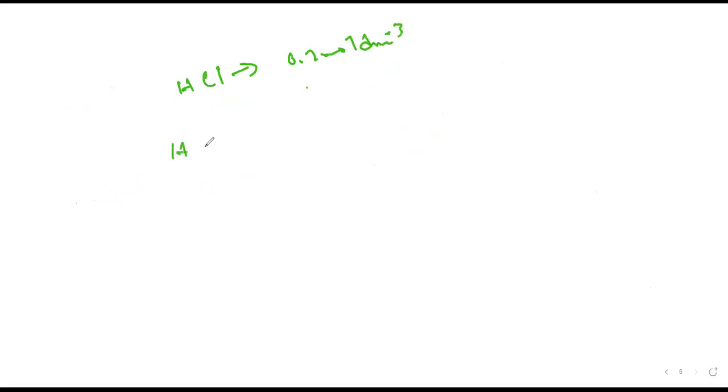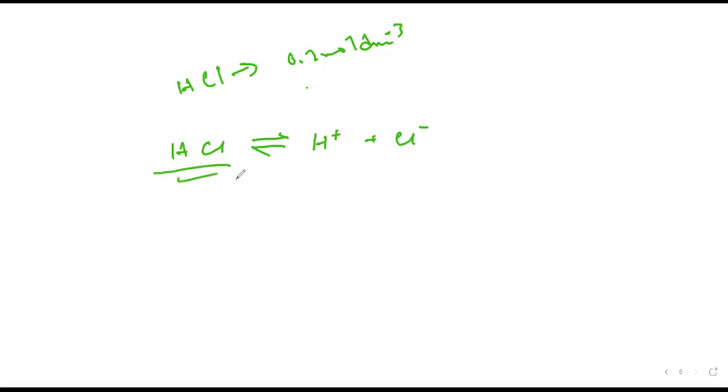If we write the dissociation reaction, obviously all of these reactions are partial dissociation reactions. So HCl gives H plus and Cl minus. These are not complete ionization. Complete ionization would be a single-step reaction in one direction, the forward direction. But these are partial dissociation reactions, which are reversible.